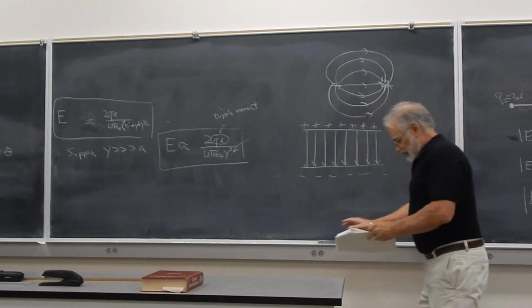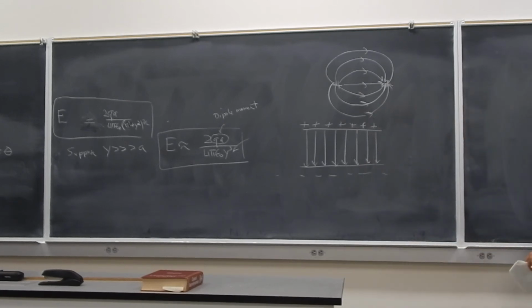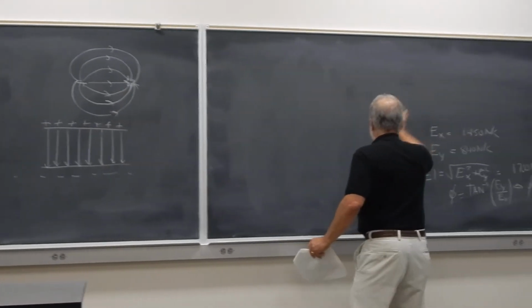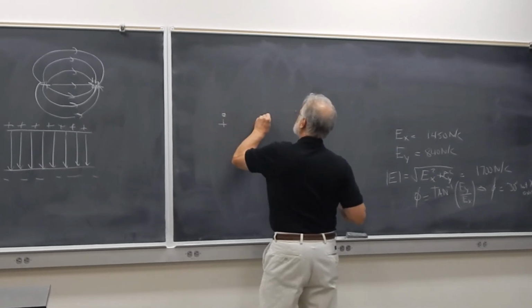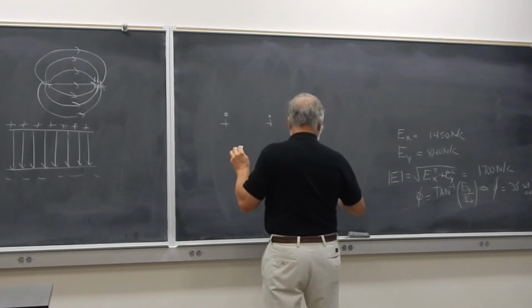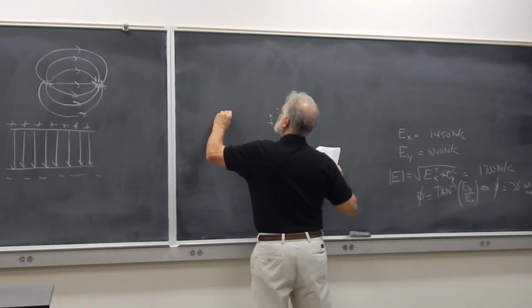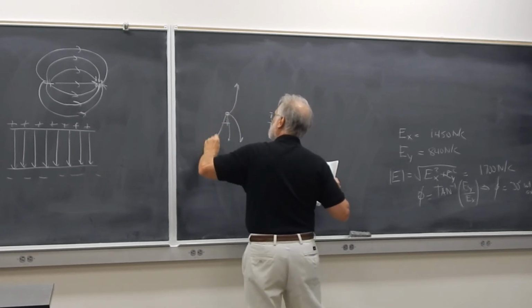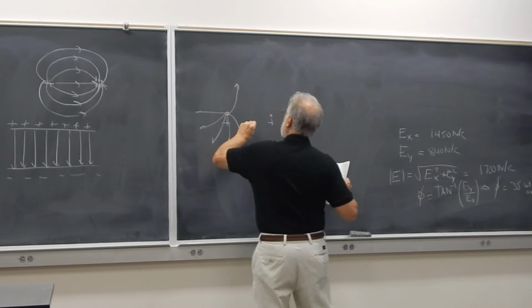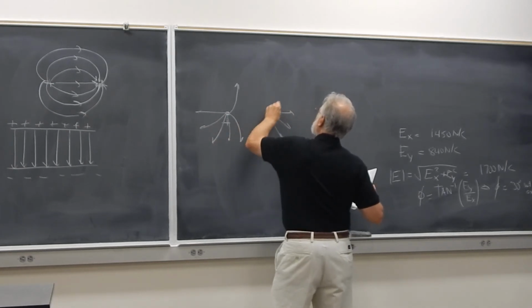The other configuration that might be interesting is suppose I have two positive charges, two equal positive charges, something like this. In that case, we're going to see that you're going to have field lines where in between the charges, there's going to be no field.